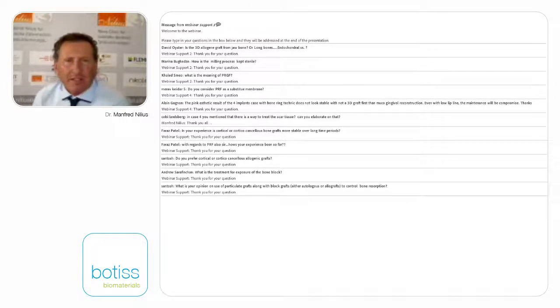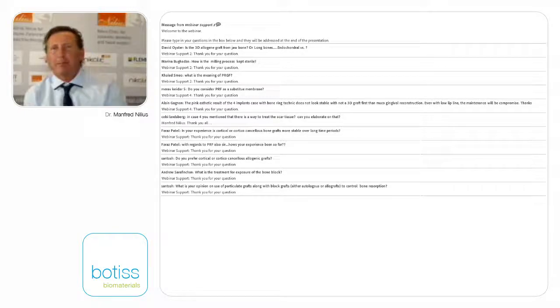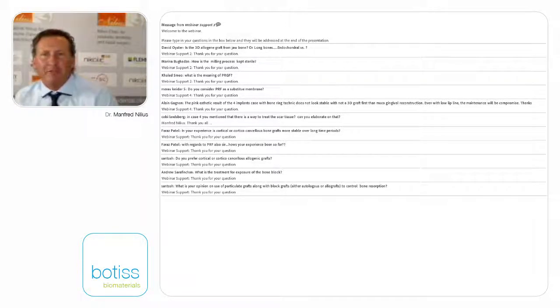One question from Alan Gagnon was, the pink aesthetic result of the four-implant case with bone ring technique does not look stable without a 3D graft first, then mucogingival reconstruction. Yes, you're right. Normally you have to make the decision. When you make a three-dimensional reconstruction beforehand, you will lose all of the epithelium that is normally fixed to the teeth.